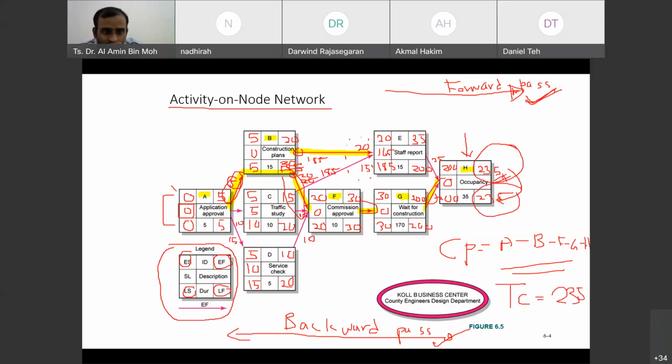So what will happen if activity F here is delayed by 2 days? Total time will be 237.